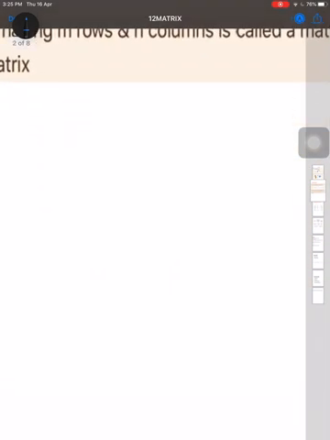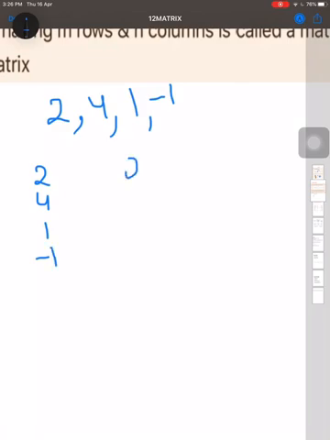Okay, so if you have any numbers, like I'm taking 4 numbers, you can arrange these 4 numbers in this way, like we have written all these numbers in a column. You can also write these numbers like this in a row, or you can also write these numbers in 2 rows, and each row contains two elements.